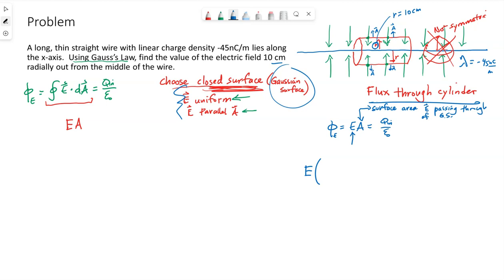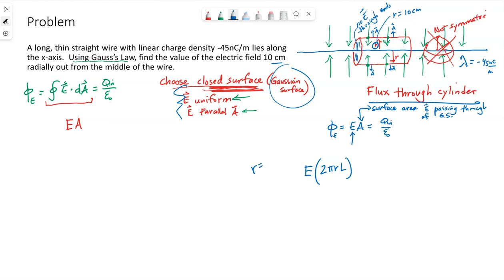These electric field lines are only passing through the edges, the sides of the cylinder. They're not passing, no electric field through the ends. So I only need the surface area of the side.